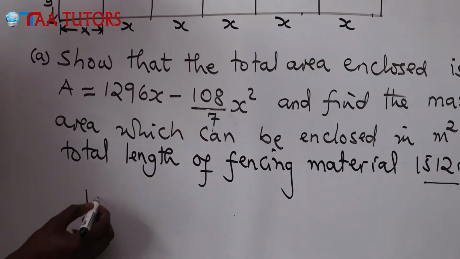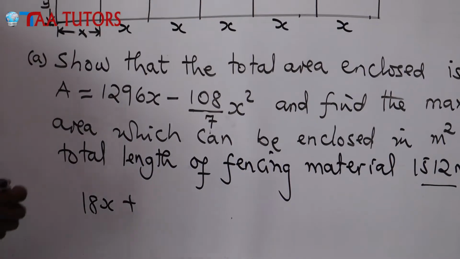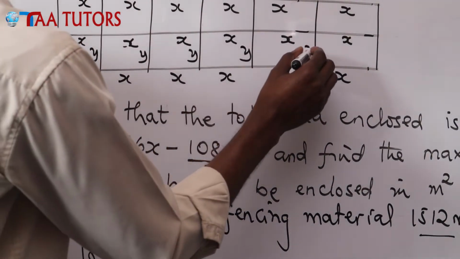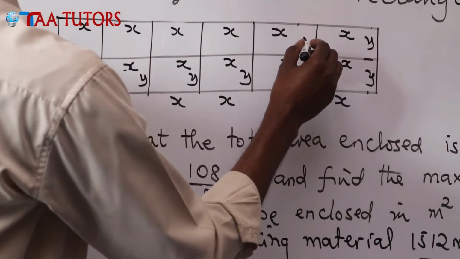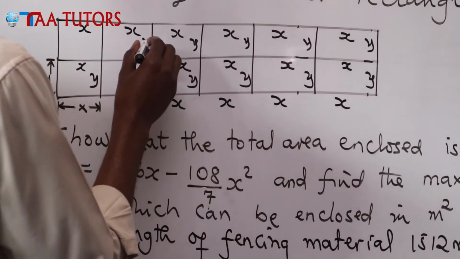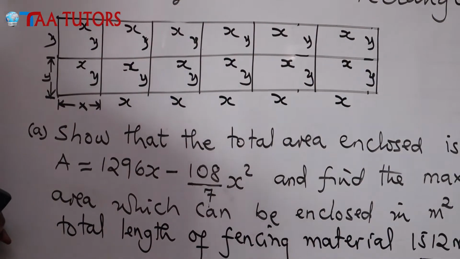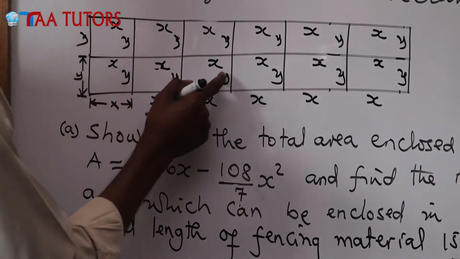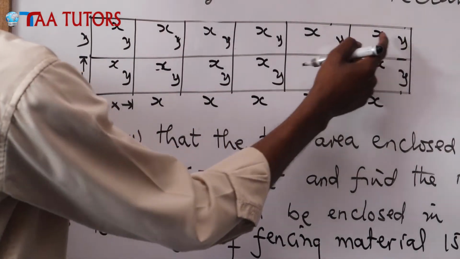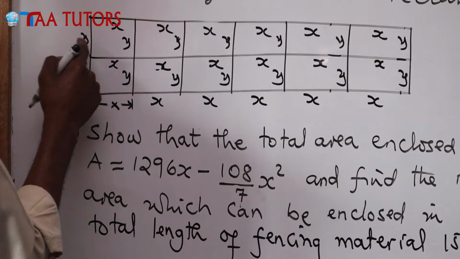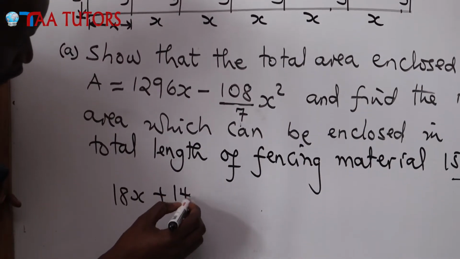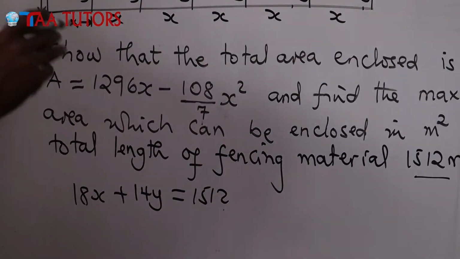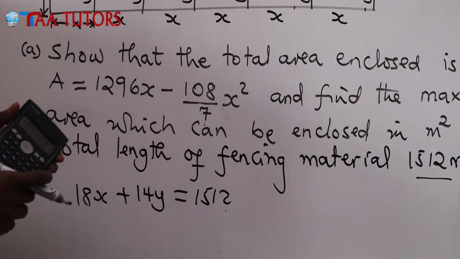So we are going to have 18x plus, let's go to y. This is y here, other y. All of these vertical lengths are y's. And how many are they? If you look here, 1, 2, 3, 4, 5, 6, 7, 8, 9, 10, 11, 12, 13, 14. So plus 14y, we should get 1512, because that's the total length of the fencing material.